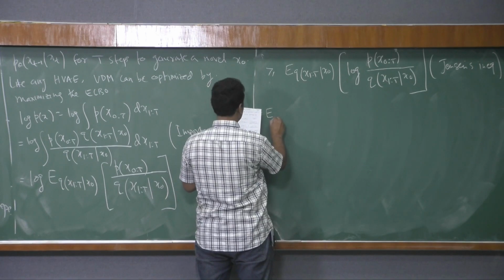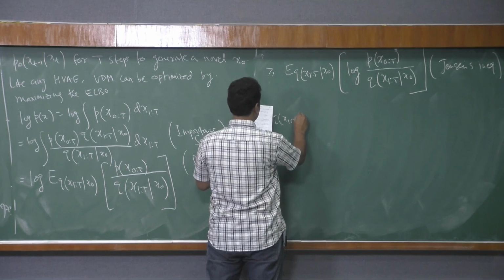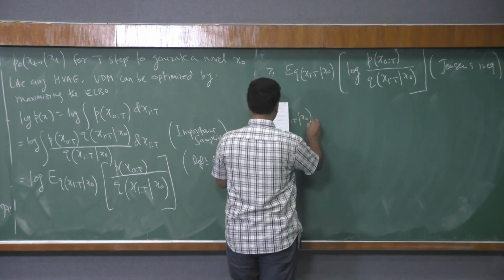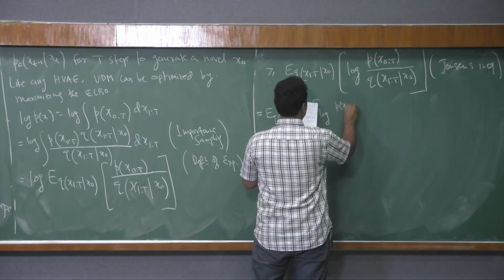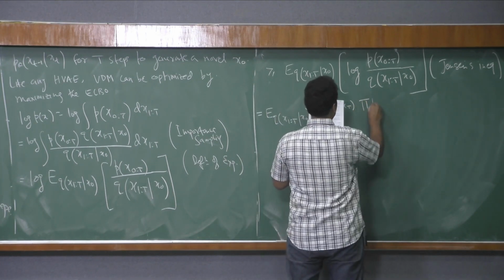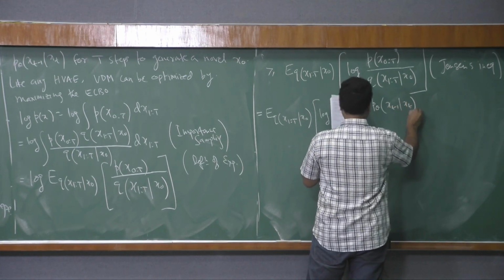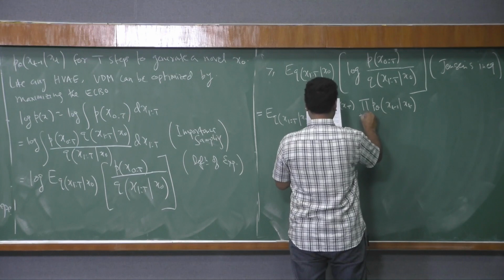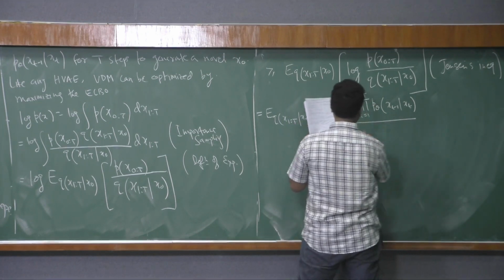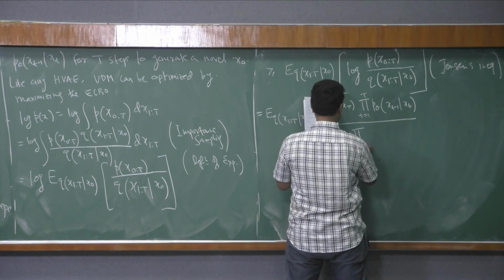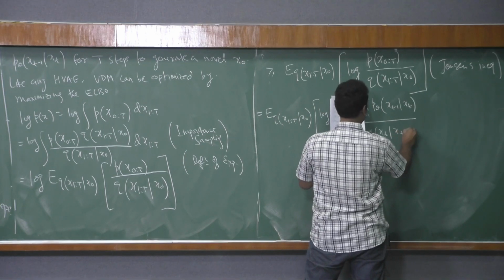So expectation over q of x 1 to t given x naught of log of p of xt times the product of p theta xt minus 1 given xt, t equals 1 to t, divided by the product of 1 to t of q of xt given xt minus 1.